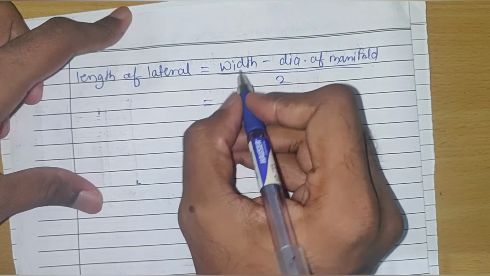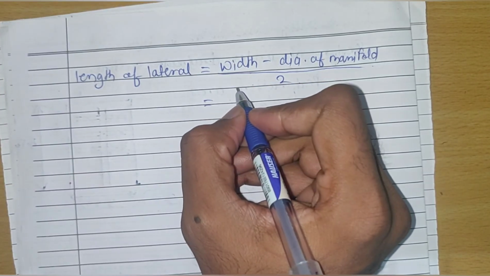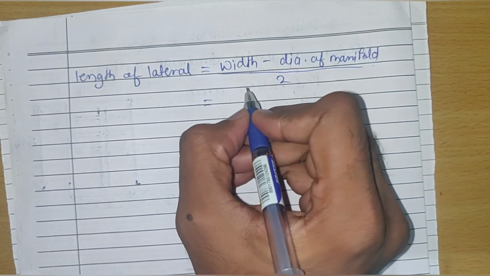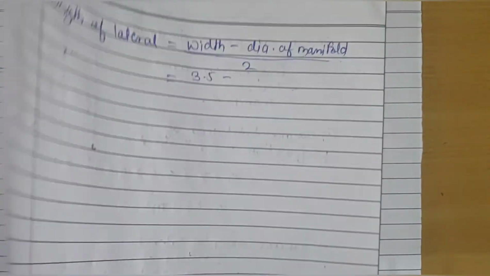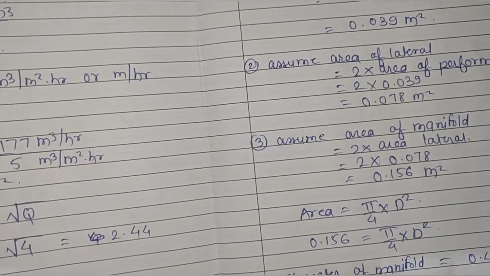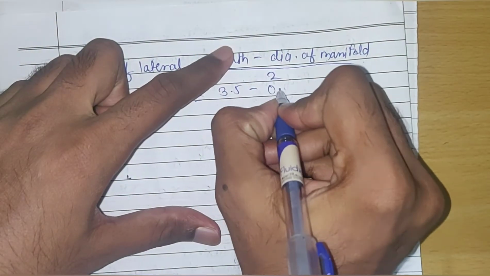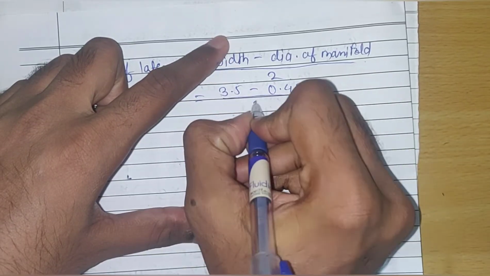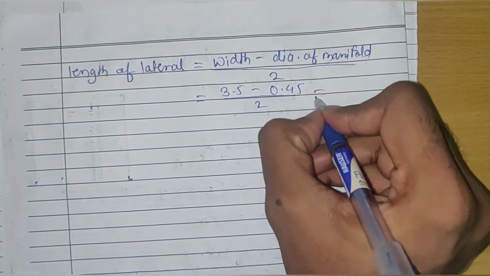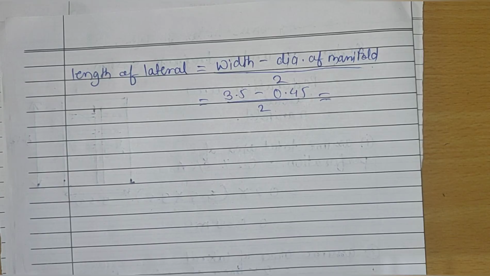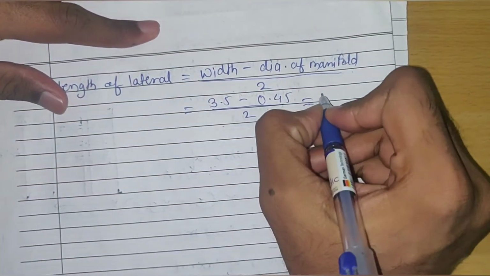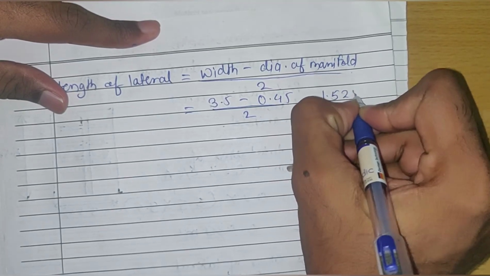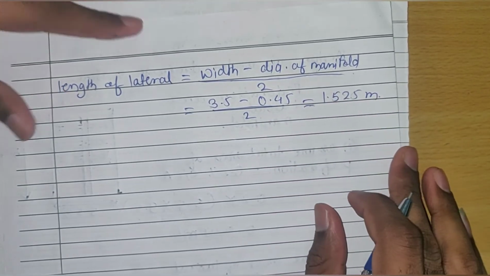So width is 3.5 minus the diameter of manifold 0.45 meter, divided by 2. So you will get the length of lateral as 1.525 meter. This is the length of the lateral.